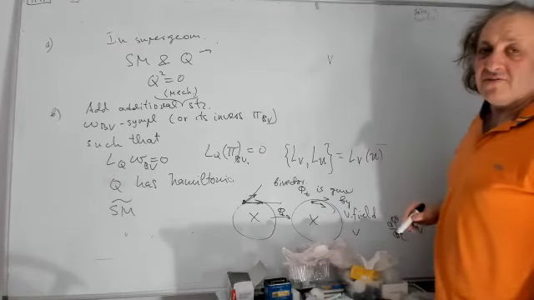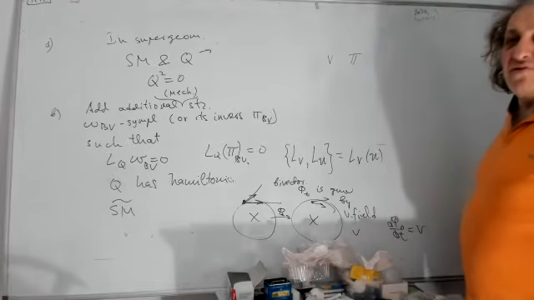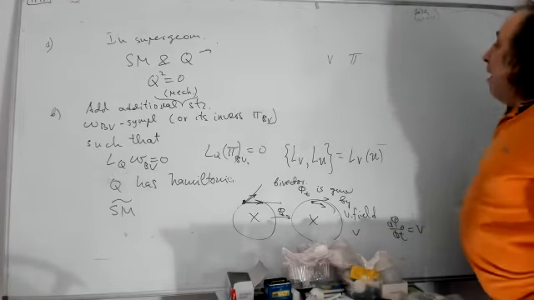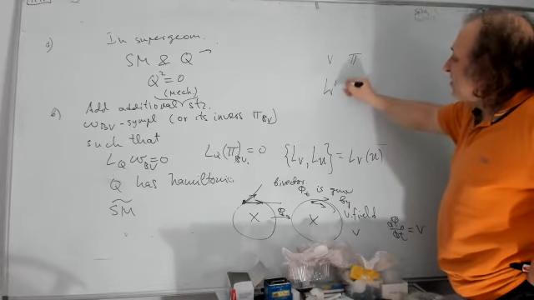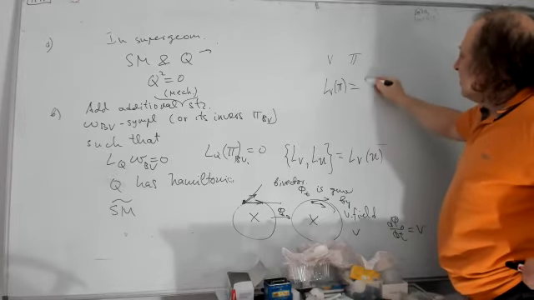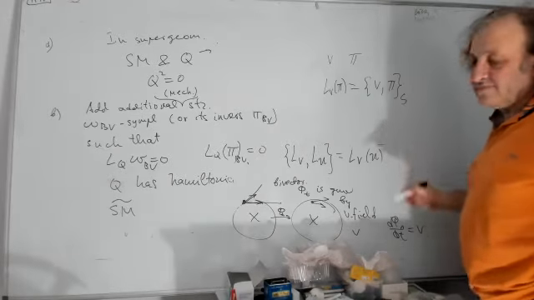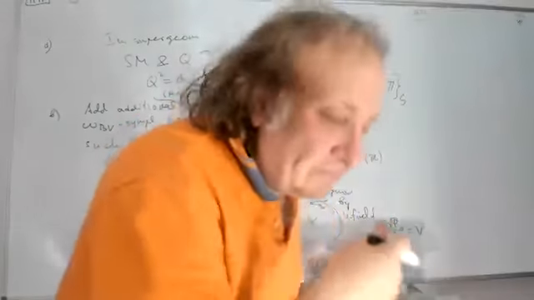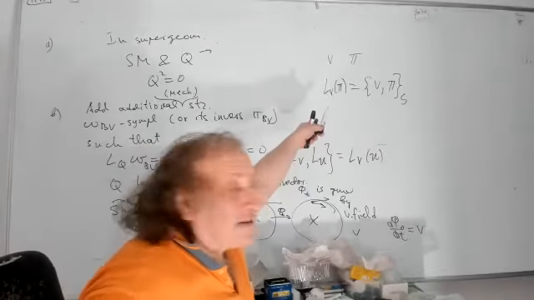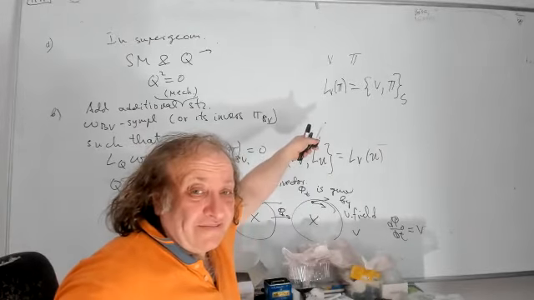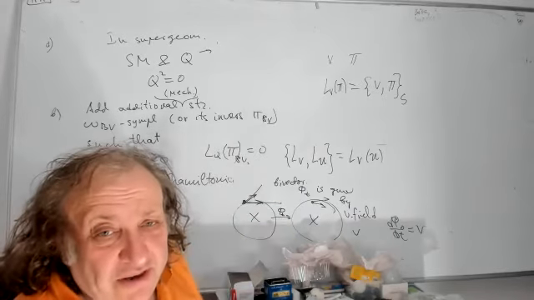If I have a vector field V and a polyvector field pi, then I can say that LV on pi equals the Schouten bracket. So this is a natural formula, and this is a natural geometric explanation.